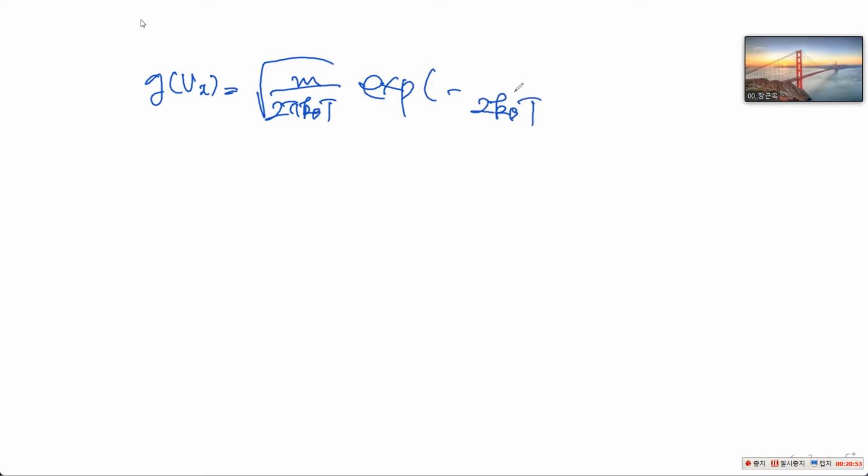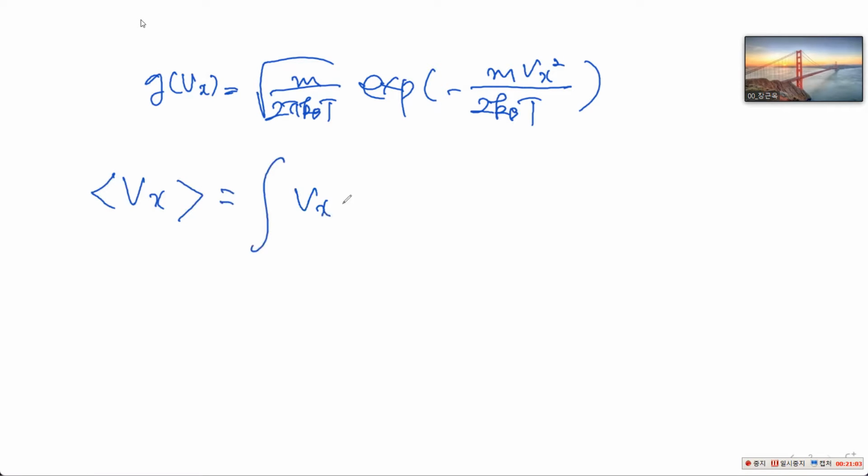Then in 1D, we have the distribution with exponential minus mvx squared over 2 kBT. Then how can you calculate the average value of vx?